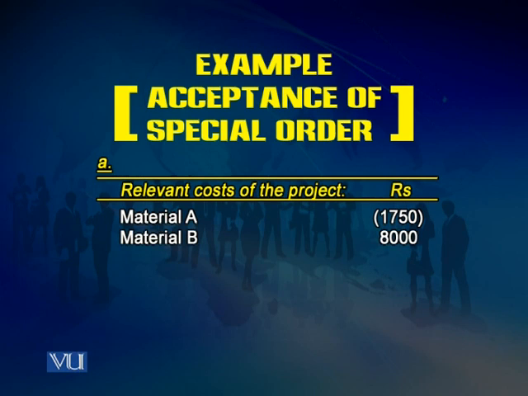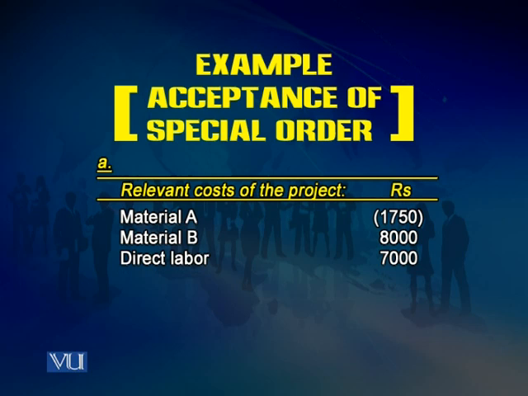Material B, we said, was going to be the cost of acquiring that material. So the straightforward cost which has been shown in the budgeted figures of acquiring material of 8,000 will be the relevant cost.